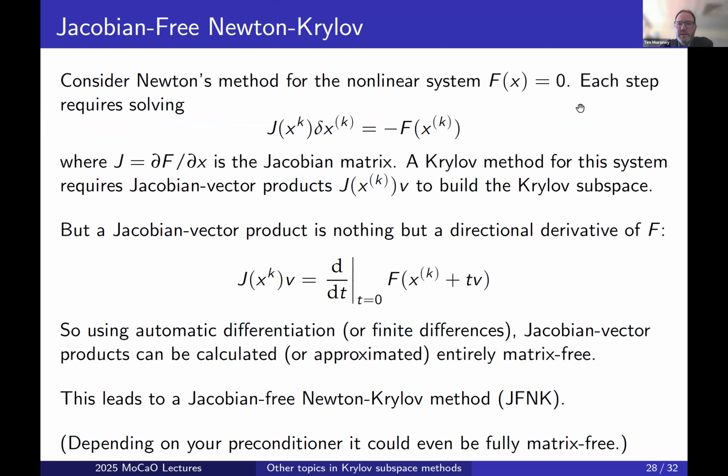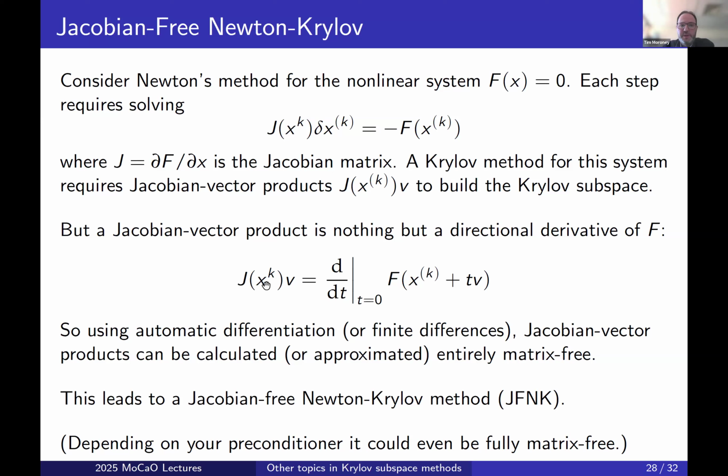And you'll be pleasantly surprised when you do, because if we've learned anything, it's that Krylov subspace methods only require Jacobian matrix-vector products to build the Krylov subspace. But guess what? A Jacobian-vector product is already a thing. It's a directional derivative. Okay, so you can calculate the product of the Jacobian with an arbitrary vector v, just a derivative, using, well, what's your favorite technique? Automatic differentiation, dual numbers, finite differences.